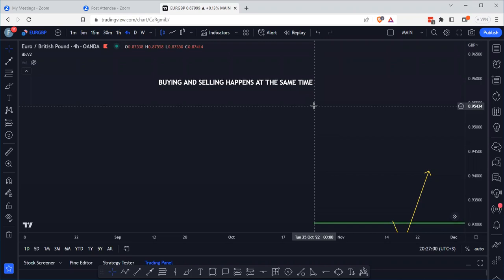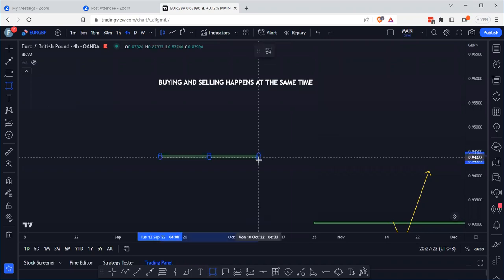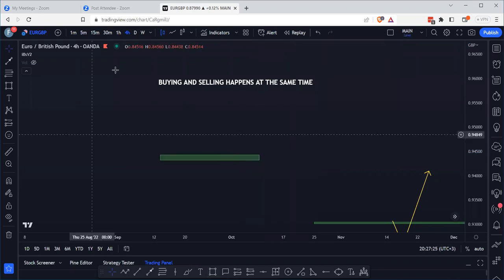For buying to occur, there has to be somebody willing to sell. For selling to occur, there has to be somebody willing to buy. So it goes hand in hand. Likewise, in the foreign exchange market, we are on a pair called Euro GBP.